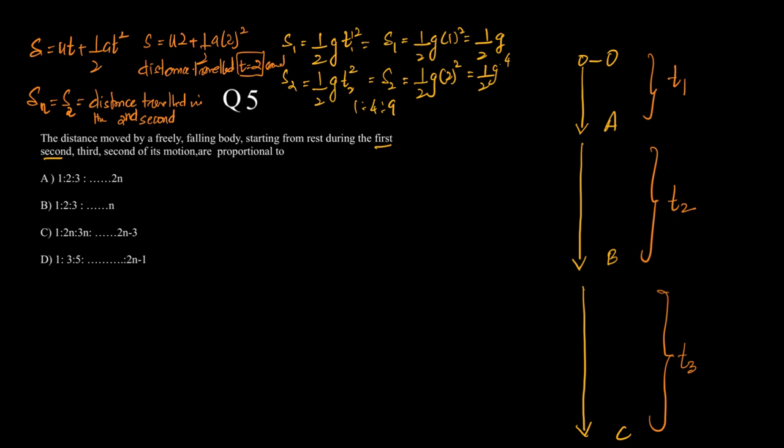Let me correspondingly mark them as H1, H2, and H3. Now, what is given in the question is the first second, second second, and third second. So it is not S, it is Sn which is asked here.